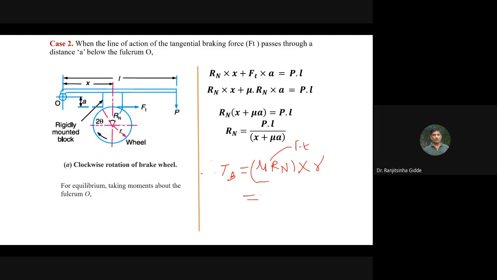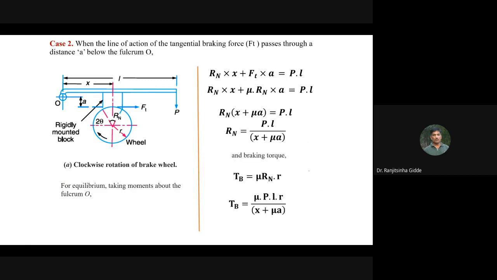So here we are going to put the value for mu, then the value of Rn, and into R. So we can get the braking torque in case of the line of action of the tangential braking force passing through A below the fulcrum.